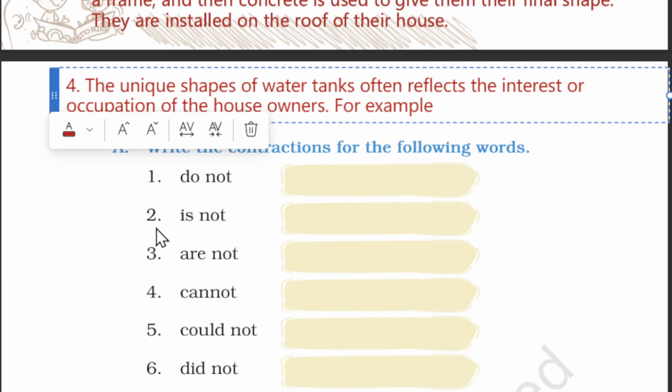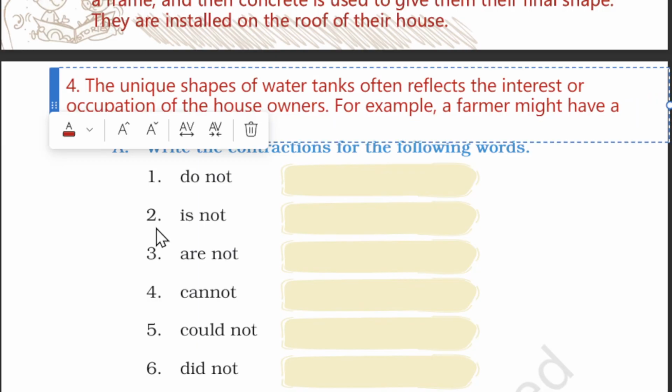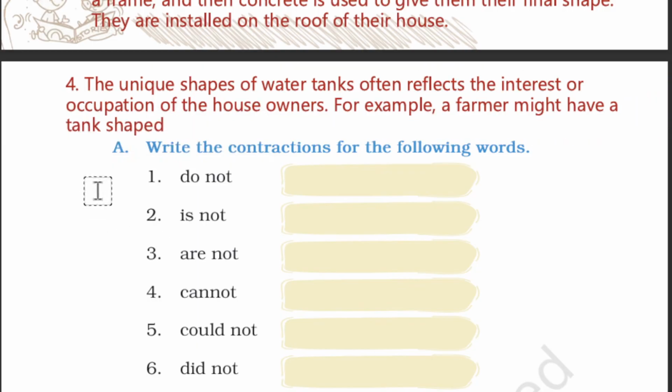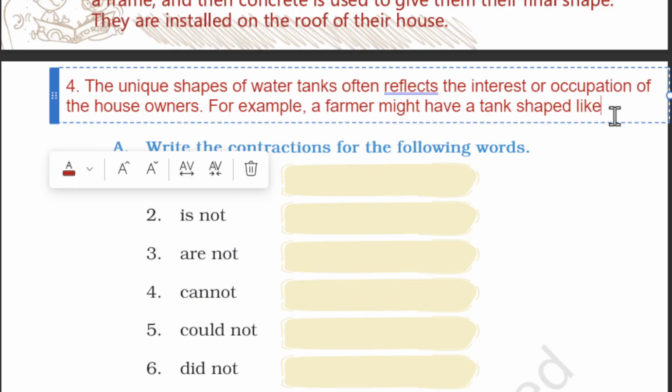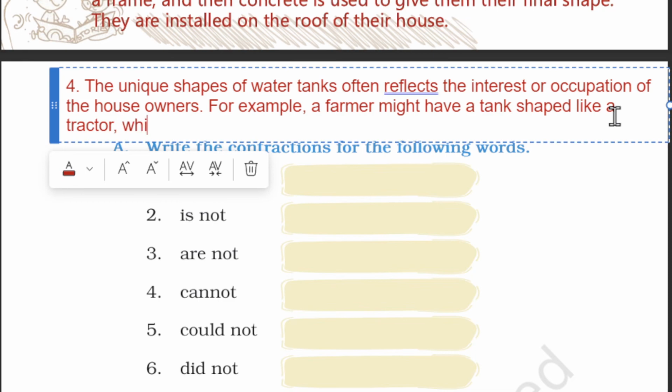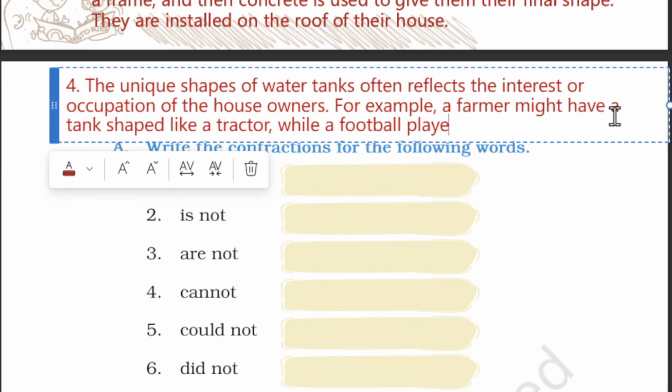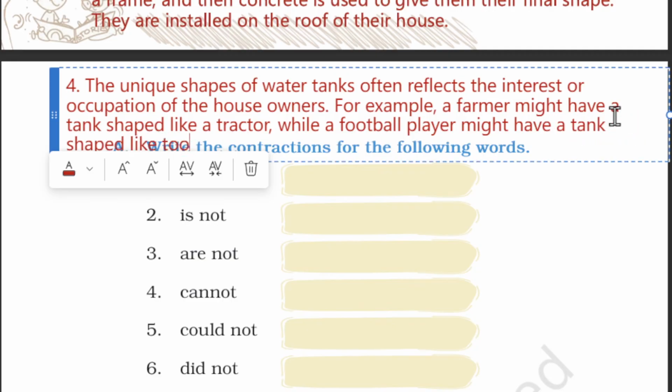For example, a farmer might have a tank shaped like a tractor, while a football lover or player might have a tank shaped like a football.